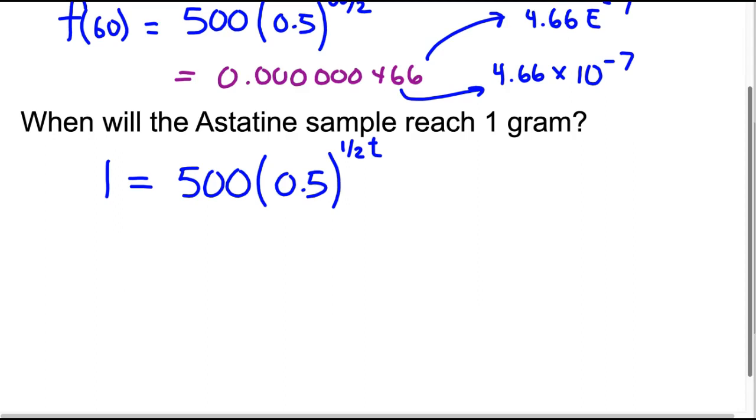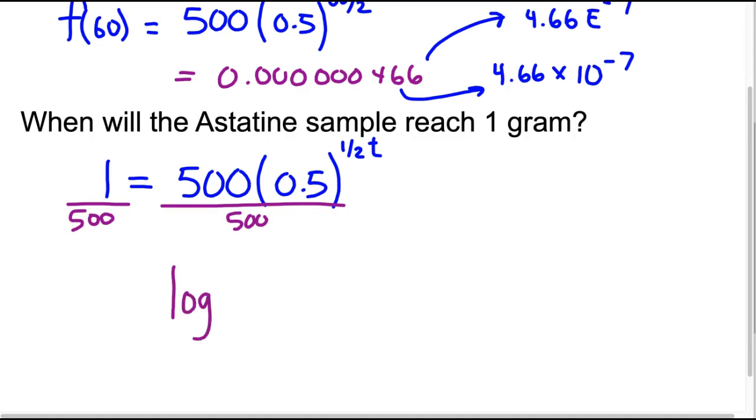So now when I do the log and all that stuff, I'm going to have it equal to 1/2 t. So divide both sides by 500. Rewrite it as a log. I guess I'm kind of skipping a step. Does that bug anyone? Well, I'm going to go back.